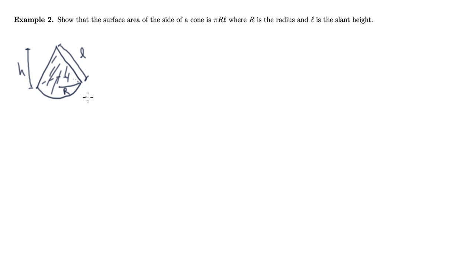Okay, so what we can do is we can parameterize the surface and just plug it into the surface area formula. But I want to be a little careful here, because r is the radius and L is the slant height.